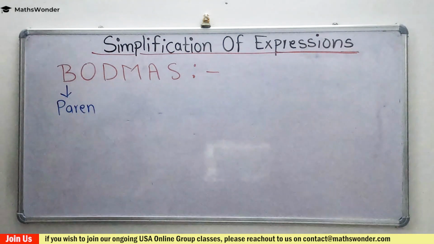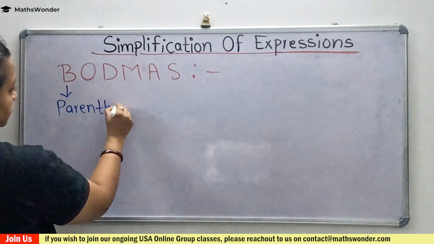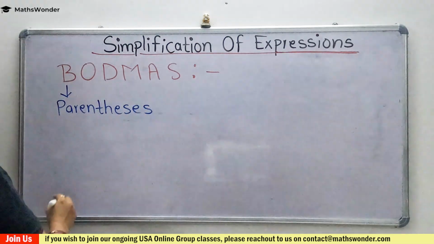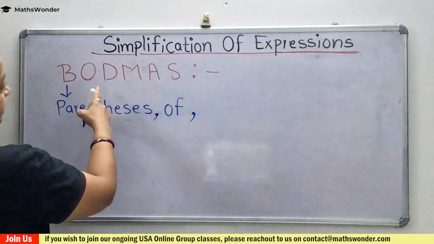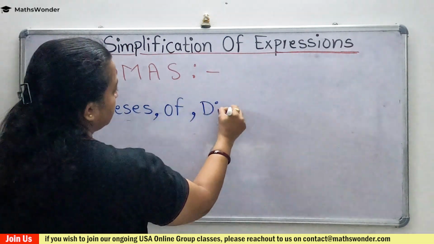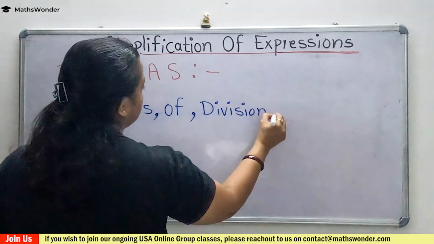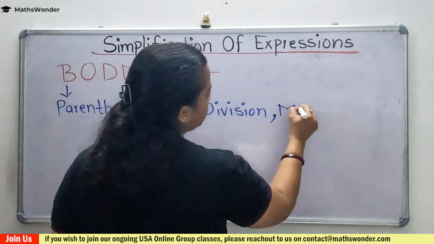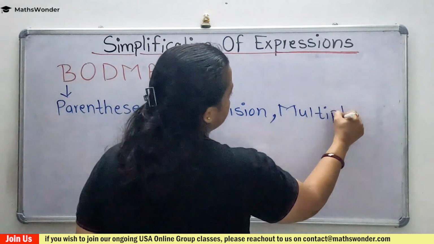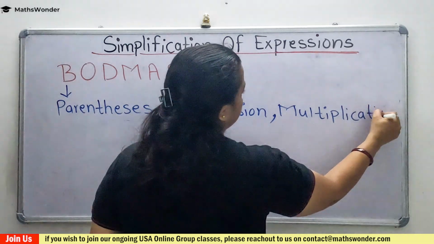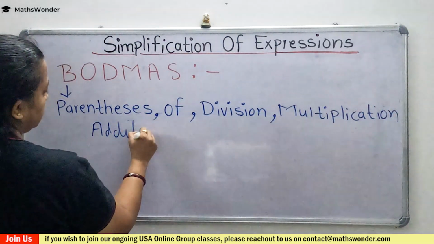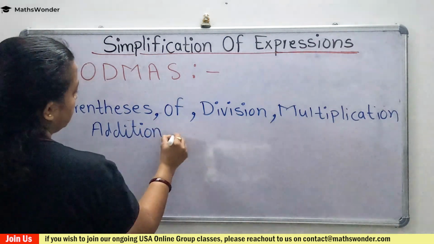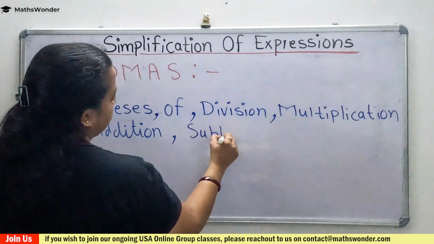Both are almost the same, but there are some differences. Parenthesis. O stands for of. D stands for division. M stands for multiplication. A stands for addition. And S stands for subtraction.